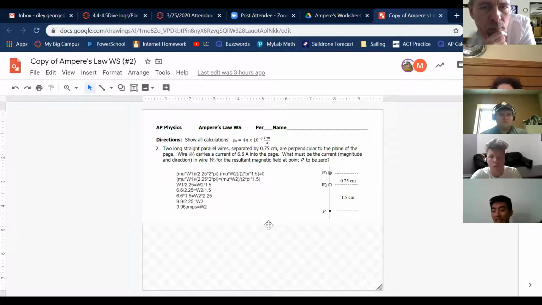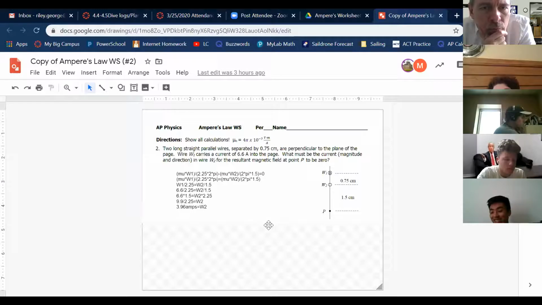And so now you have W1 over 2.25 equals W2 over 1.5. So 6.6 over 2.25. So I think then it looks like you cross multiplied. Yeah. Okay, and then finally you solve by dividing.